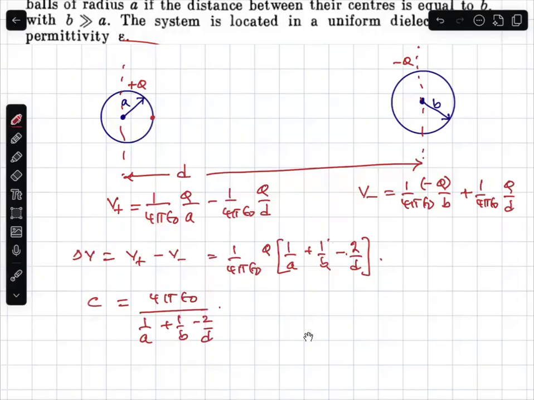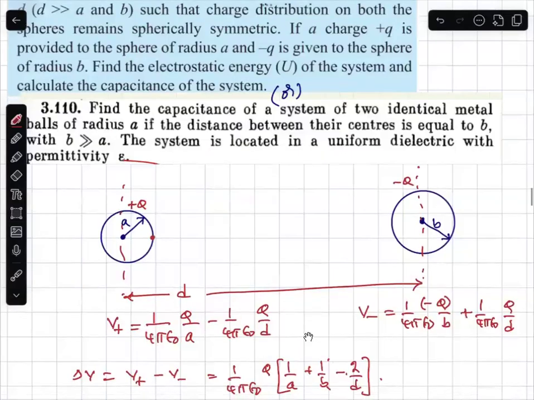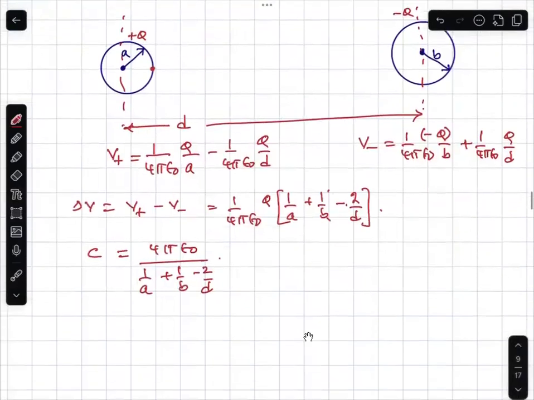Right. Now what they are asking, one more point here. Find the electrostatic energy U of the system and calculate the capacitance of the system. I have given you the capacitance. What is the energy? The energy of the system is three things, U1, U2, U3.